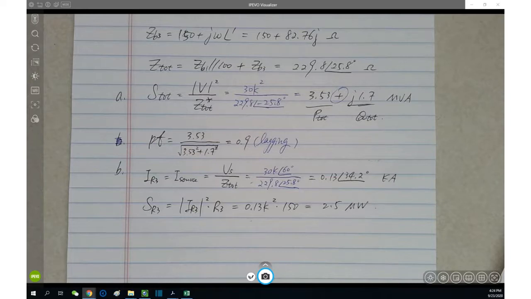That's the output power over the source input power, P over P. This is P over S in terms of magnitude. There's a difference between those two.